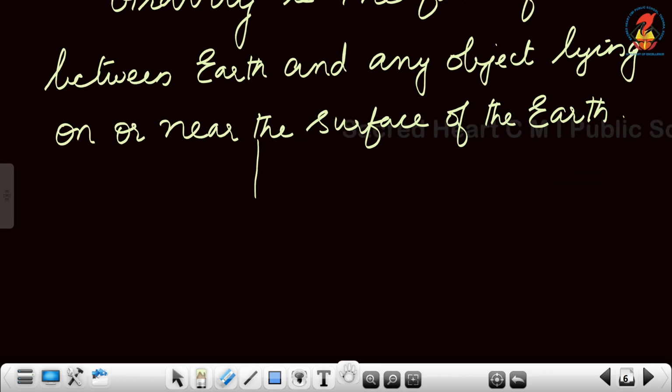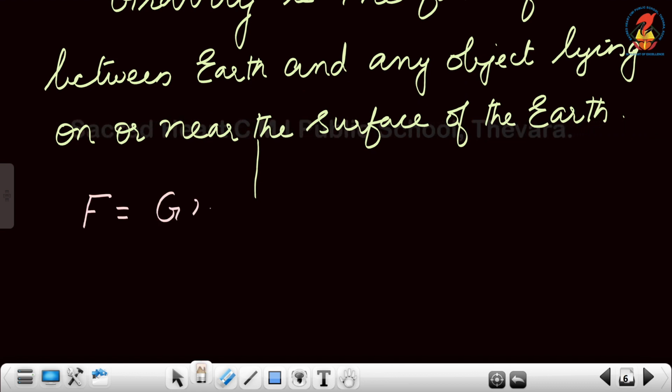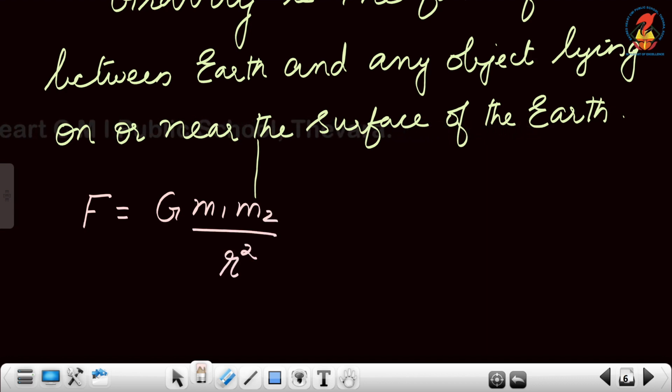So the equation for gravitational force is F is equal to G m1 m2 by r square. Now in this case one object is Earth, so instead of m1 we take it as m.